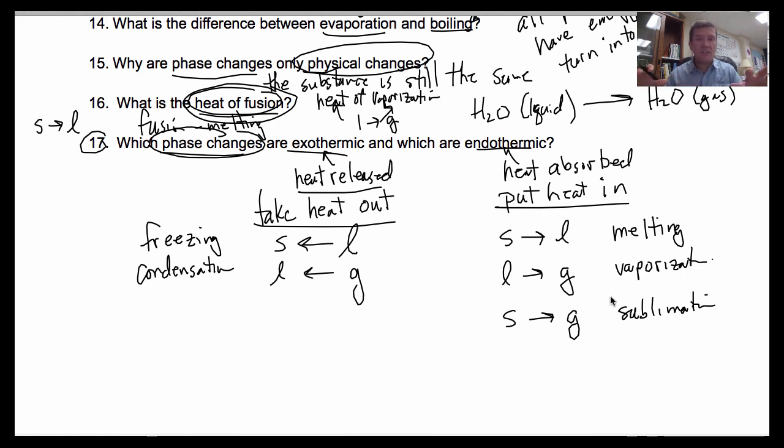The temperature doesn't get above the freezing point, but sometimes that ice will begin to just sublime and turn into a gas and it disappears. Okay? If you have that gas and you turn it back into a solid, that is called deposition, and that would require you to take heat out of that gas and have it turn right back into a solid where the particles have slowed down and are in a fixed position.